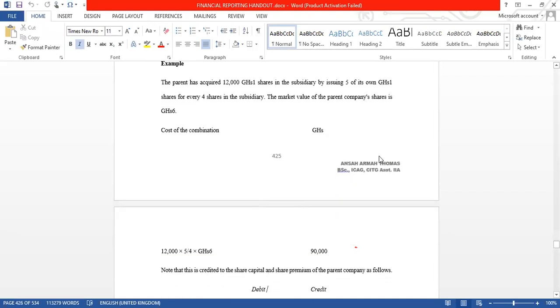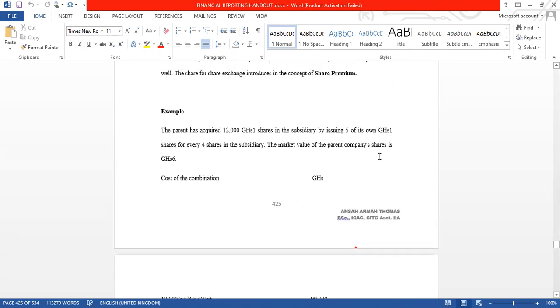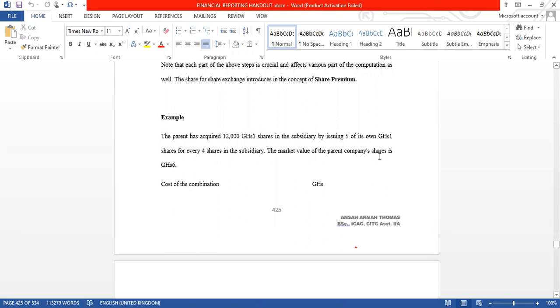Now let's take this example. They say that the parent has acquired 12,000 one Ghana cedi shares in the subsidiary, but issued 5 of its own shares, which are also one Ghana cedi shares, for every 4 in the subsidiary.